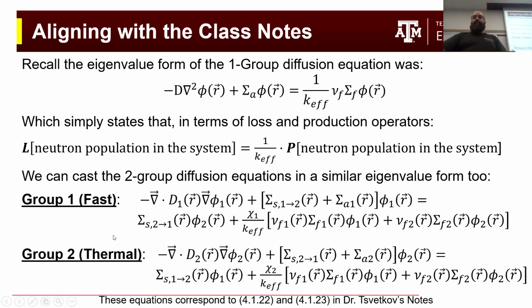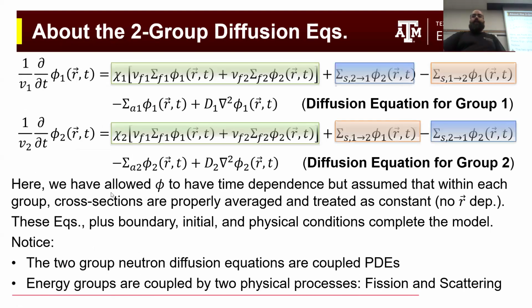So if I were to go back here, almost imagining that if I were to add these two equations together, to say something about the total system as a whole, then this scattering term and this scattering term, if I added my equations together, they'd cancel, right? Because this term has a plus sign, this term has a minus sign, and they're of the exact same form. Same thing with these two terms. If I were to add my two equations together, this plus term and this minus term would also cancel each other out.